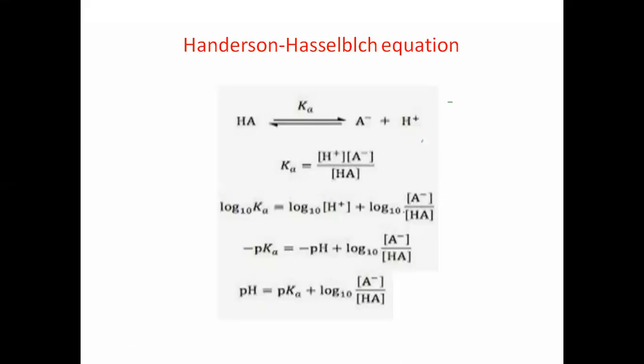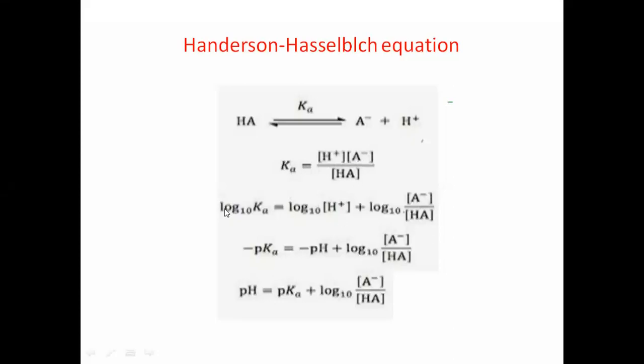This Ka is equal to the concentration of H plus times the concentration of A minus, divided by the concentration of the undissociated acid. Suppose you take a logarithm to the base 10 on both sides, you get log10 Ka equal to log10 H plus plus log10 A minus by HA.